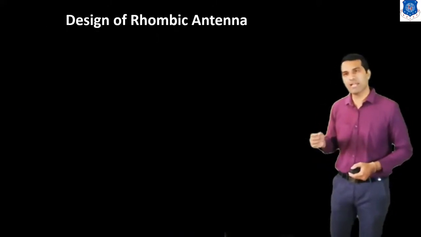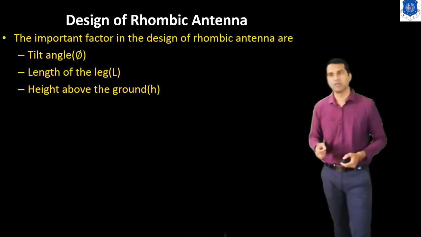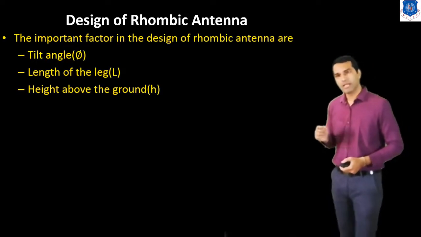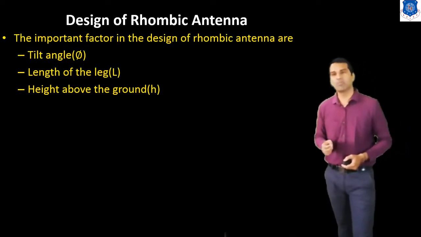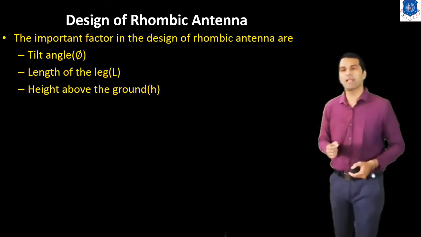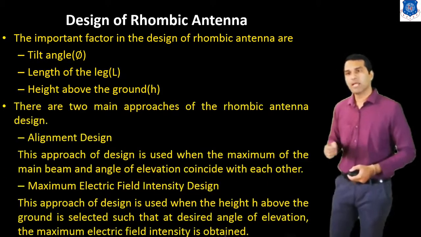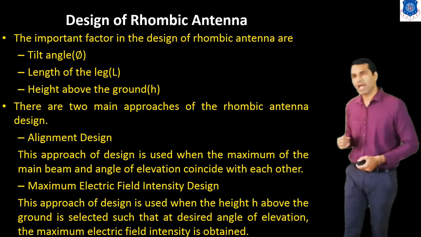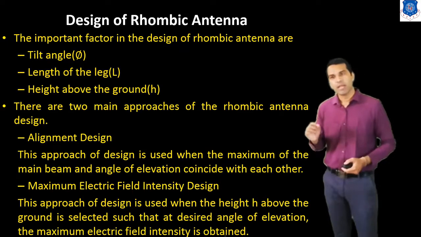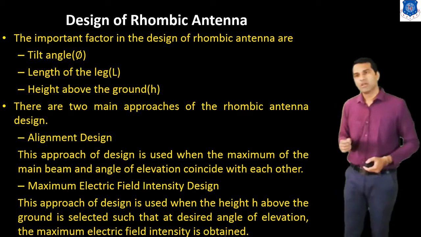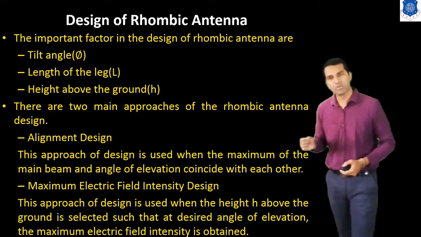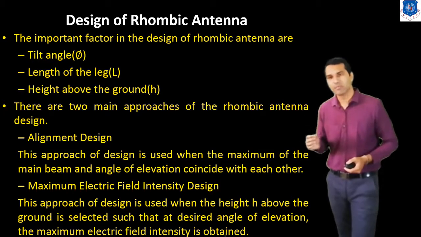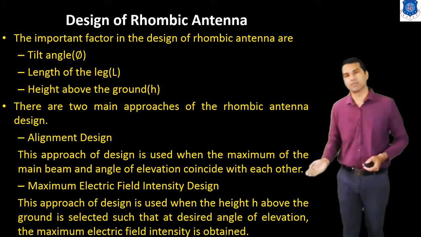Now we discuss the designing of the rhombic antenna. The important factors in the designing of the rhombic antenna are the tilt angle, second the length of the leg, and third the height above the ground. There are two main approaches to rhombic antenna design. The first approach is the element design, which is used when the maximum of the main beam and the angle of elevation coincide with each other.